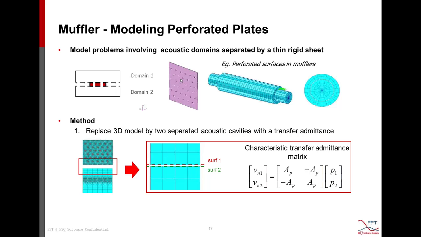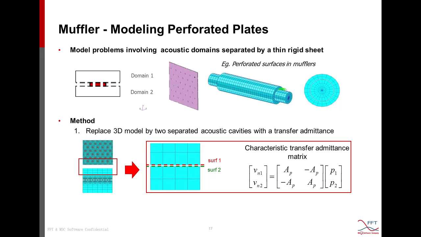And to model this system, typically in Actran we will not mesh this perforated plate using the finite element method, which could be done, but that could be quite tedious.